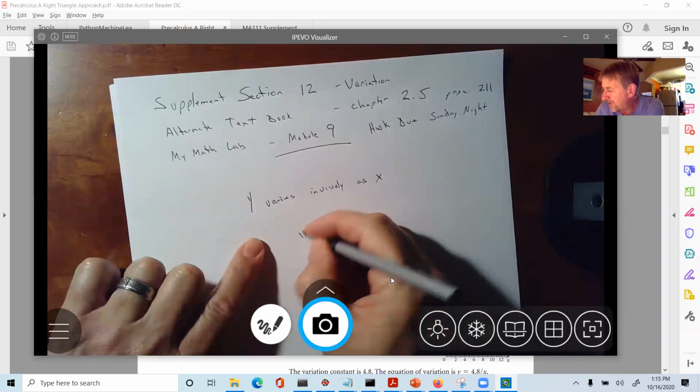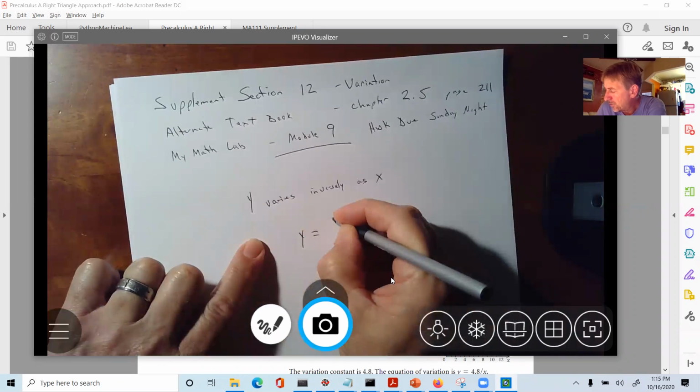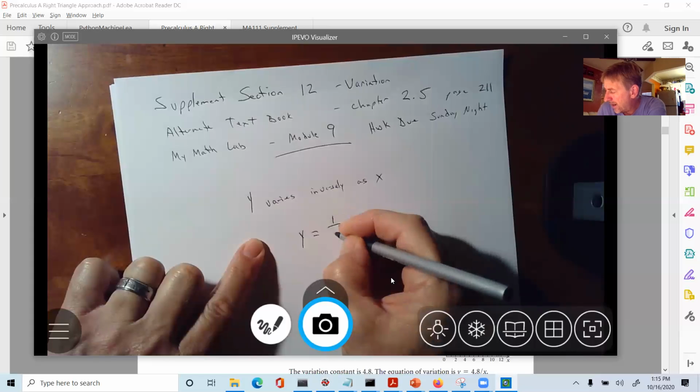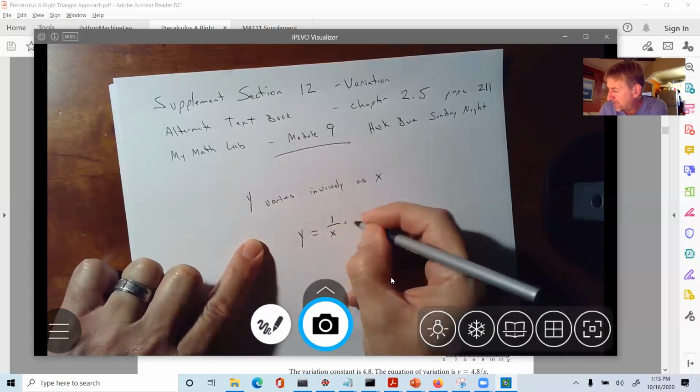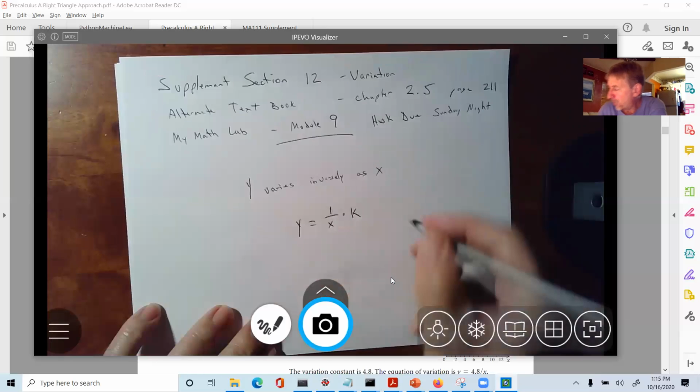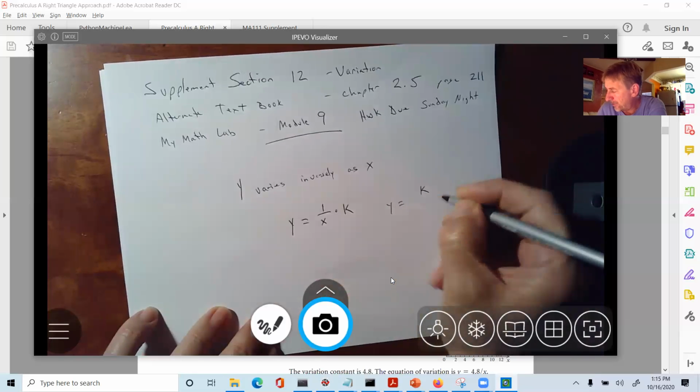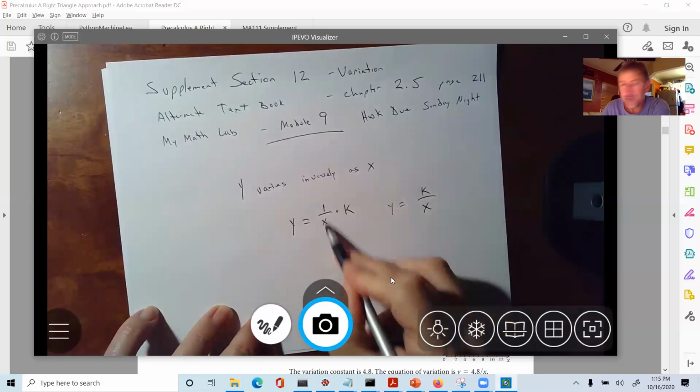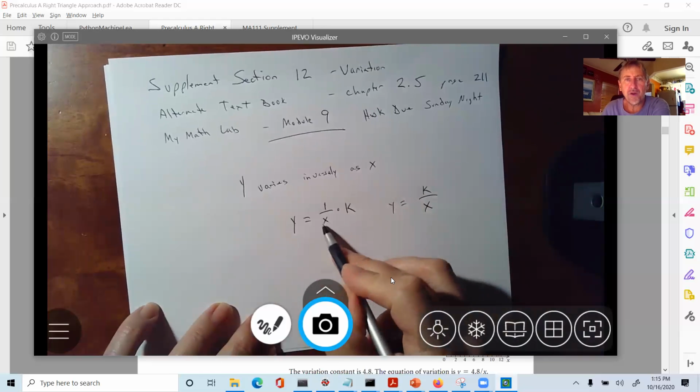So this sets up y equals 1 over x times k. Or this is y equals k over x. But this is your inverse relationship, 1 over.